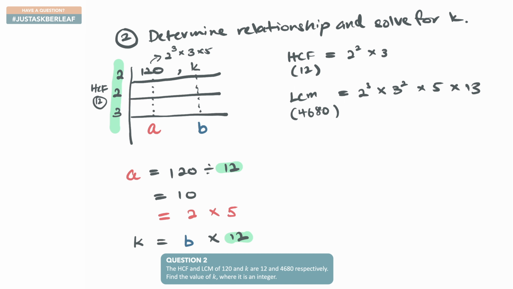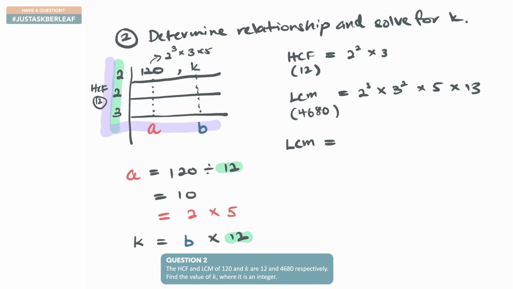So from here, we can see that in order to find the value of K, we will have to find the value of B first. That is where we consider the concept of LCM. LCM is represented in the ladder, let me highlight for you, from here all the way to where A and B are. So it is a multiplication of the HCF with A and B. Let's write it out.